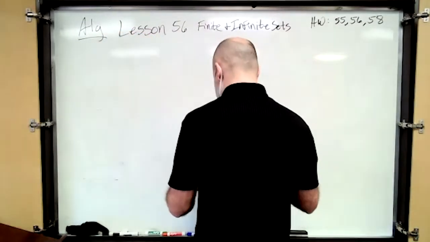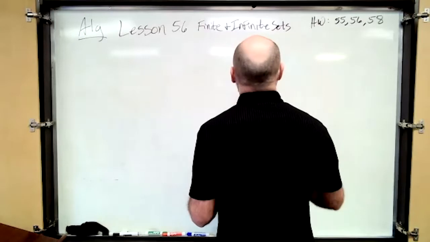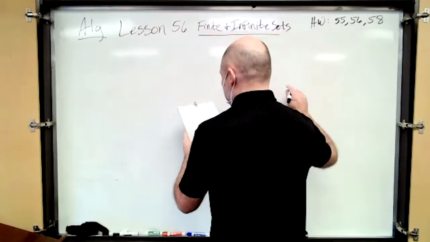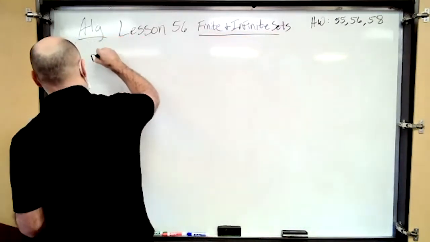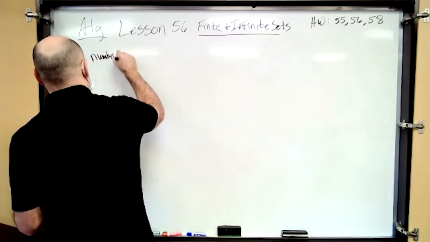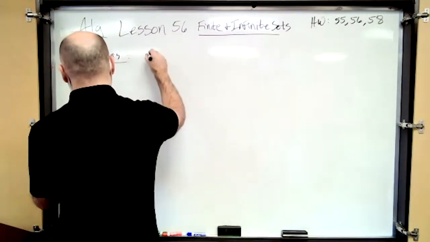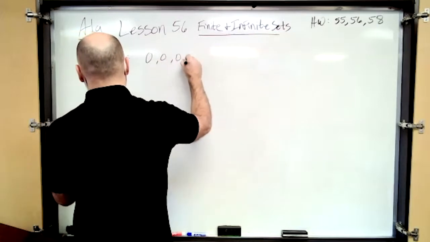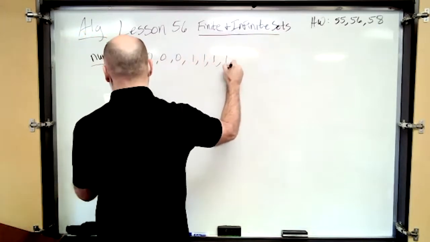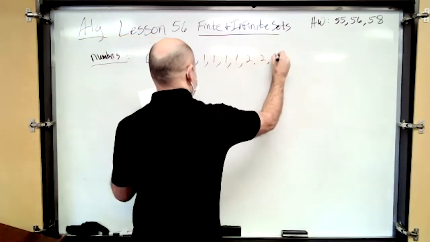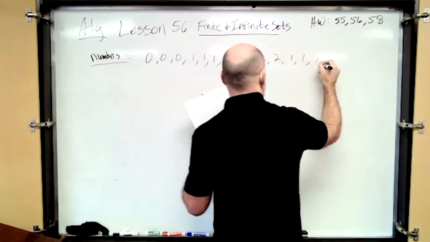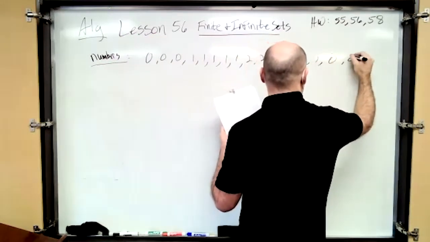Okay. So when you build finite sets, if you have a bunch of numbers here, let's see, we got numbers 0, 0, 0, 1, 1, 1, 1, 1, 2, 2, 2, 1, 1, 1, 0, 0.